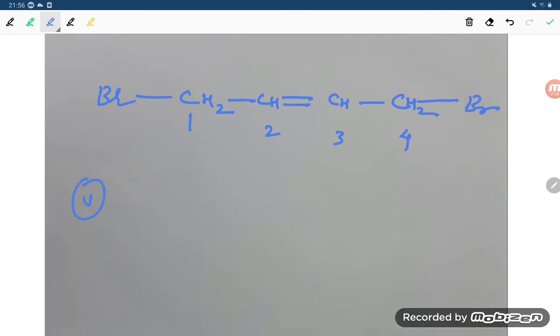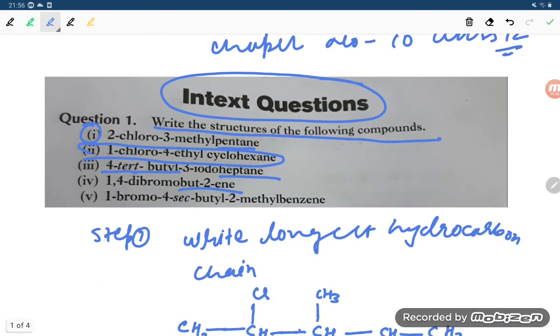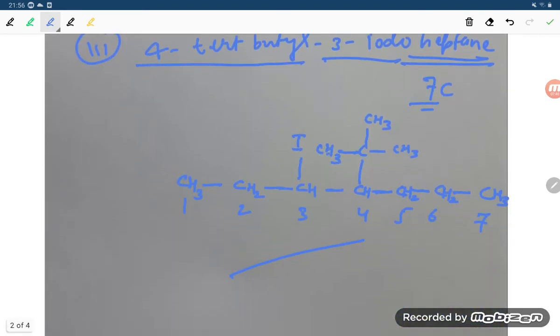Now let us move, student, to the fifth. What is the fifth question? It is 1-bromo-4-secondary butyl-2-methyl benzene. Let us solve this problem also together, student.